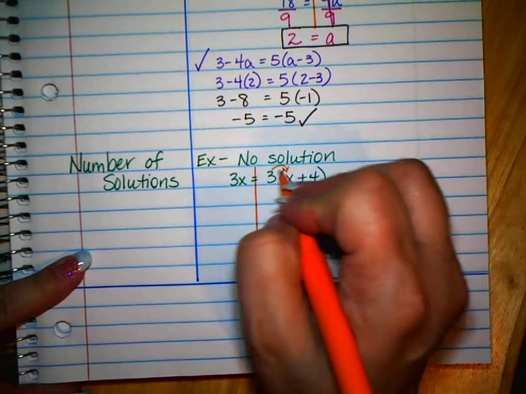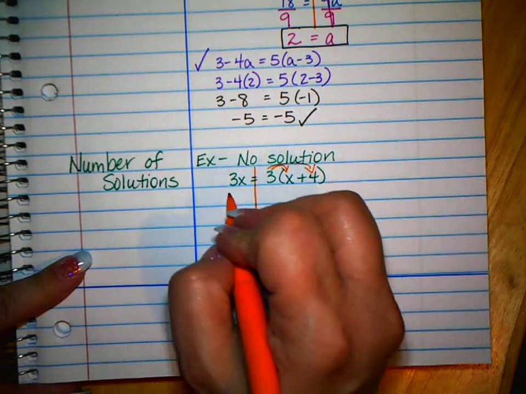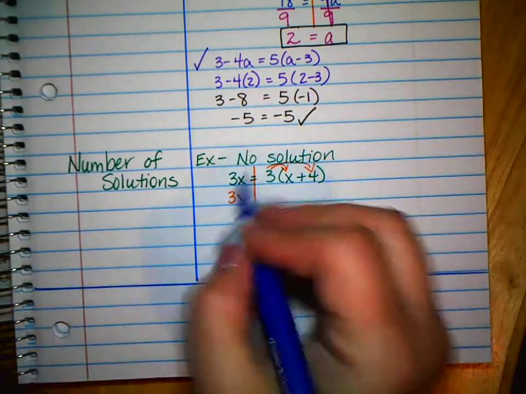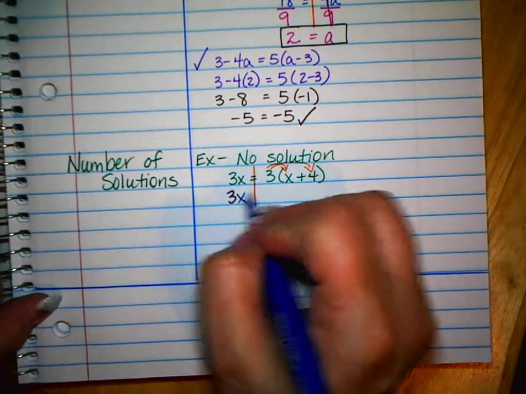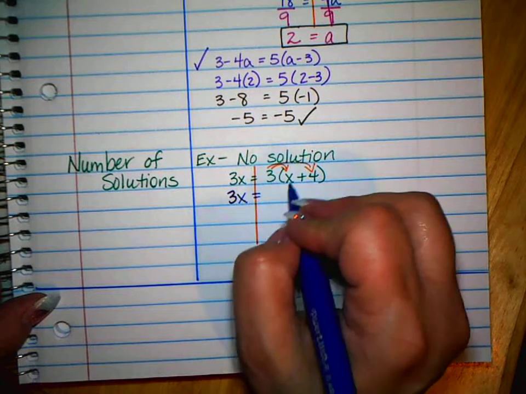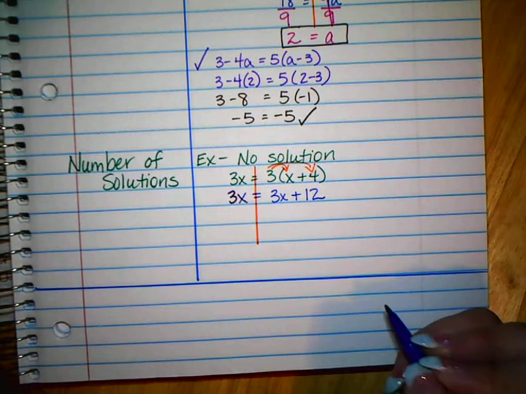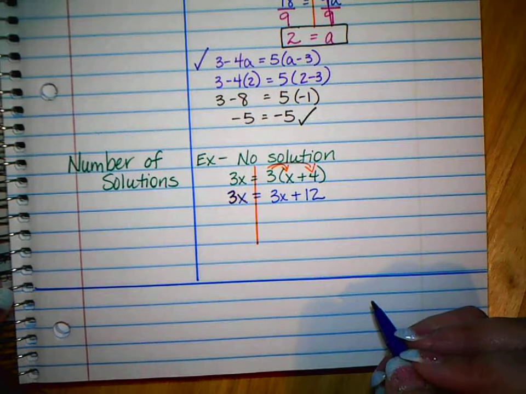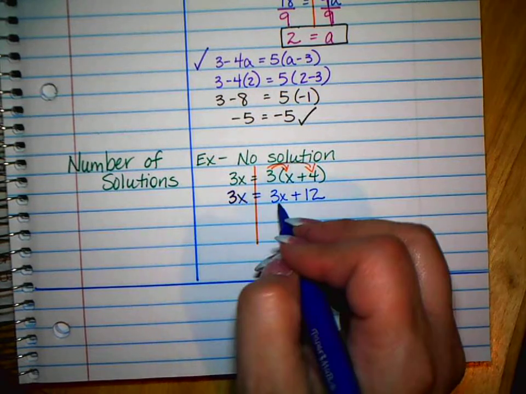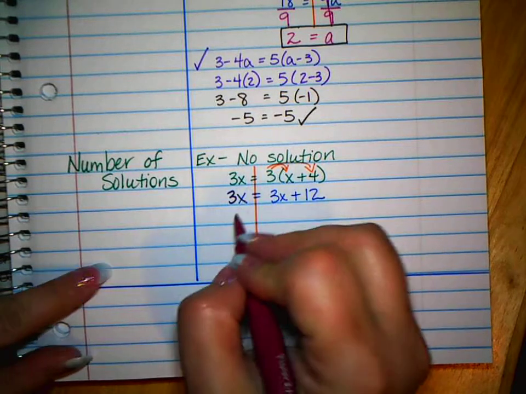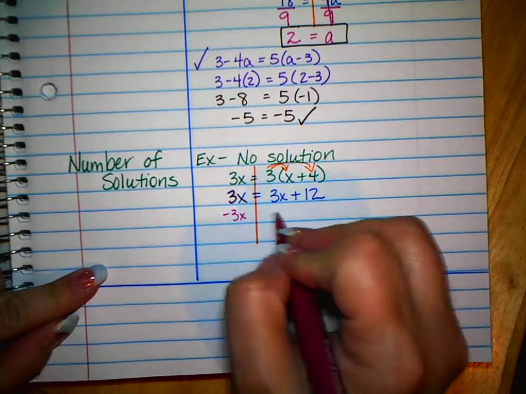Got to do my distributive property first. 3x equals 3 times x plus 3 times 4, which is 12. I've got 3 and 3. Neither one is smaller, so I just subtract 3x on both.